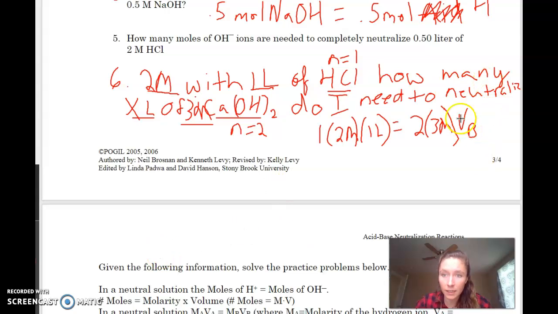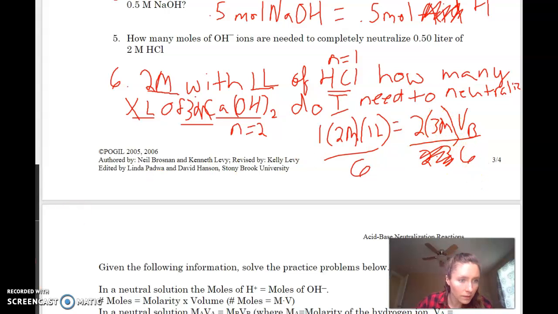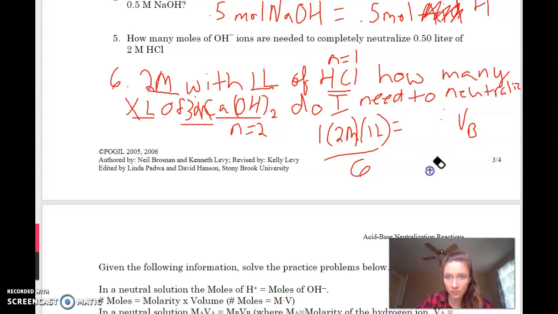So, to get Vb by itself, you need to move these to the other side. Because it's being multiplied, I'm going to divide by 2 times 3, which we might as well just combine and say 6. So I'm going to divide by 6, because they're multiplied, 2 times 3 here. When you do that, this is now left that side.